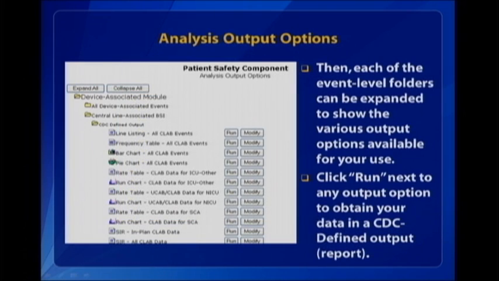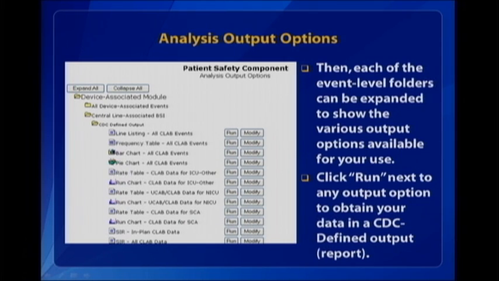And as you expand those, we have all of the output options that we have kind of pre-formulated for you. These are default options and settings that we have set. So you can click Run next to any one of those to get the predefined report for you. It will include all data that are included in your analysis data set.